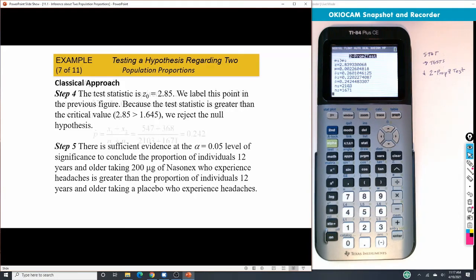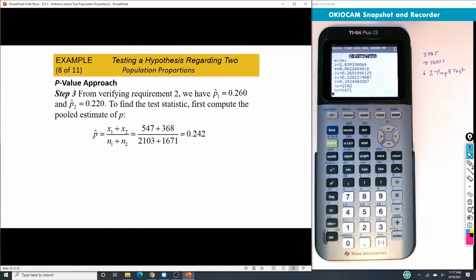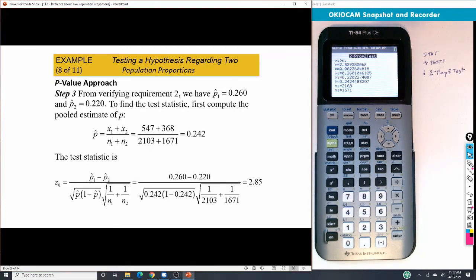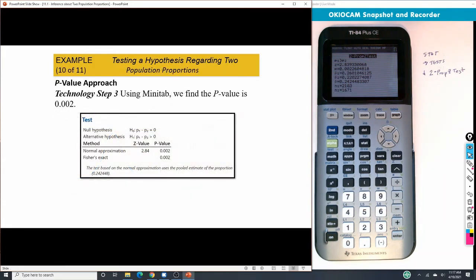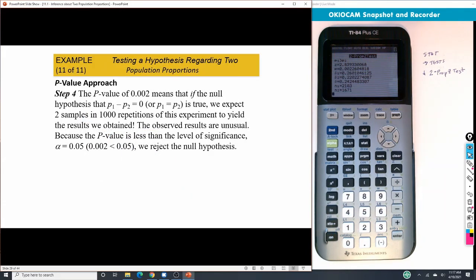Okay. Now we could also do our p-value, and so we calculate that. So they go through again and calculate some of those pieces. Now we see here we have our p-value, and so we compare those. So that's 0.022 or 0.023, which is what is on the screen there. Now that is less than 0.05, so we know there that we're going to reject the null hypothesis.